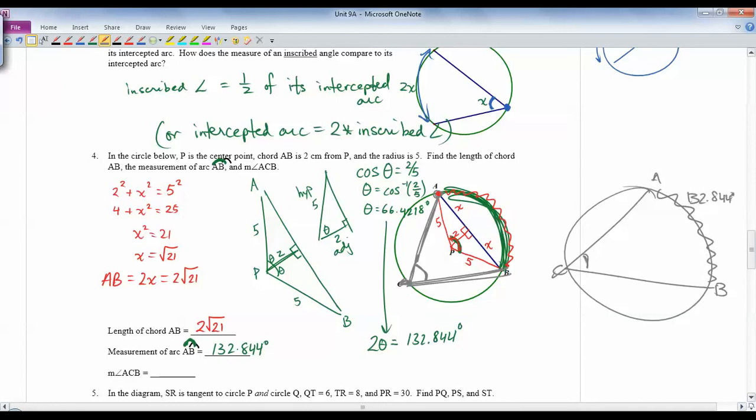Well, this is an inscribed angle, so it's going to be half of the arc that it carves out. So that means I need half of 132.844. But we already have that because we just doubled the number 66.4218 to get the 132. So if I have it, I get 66.422 degrees.